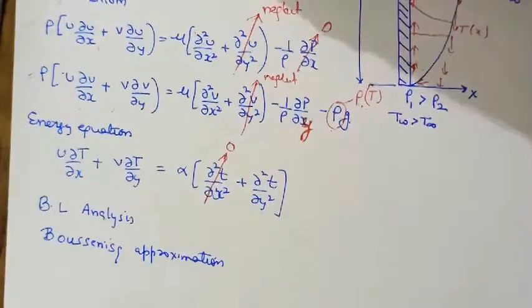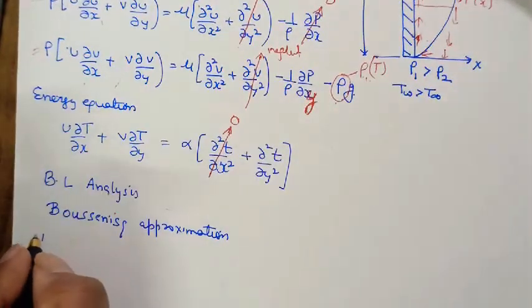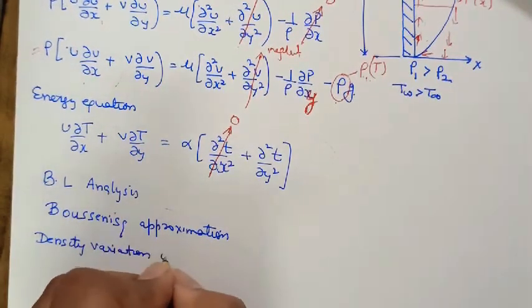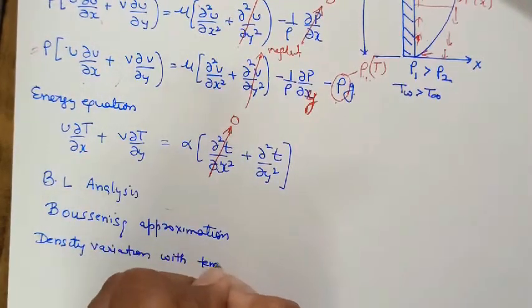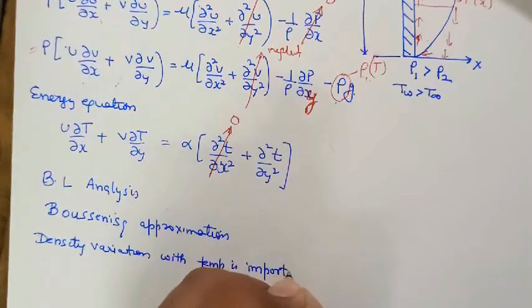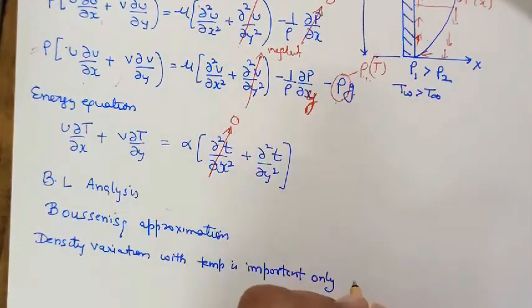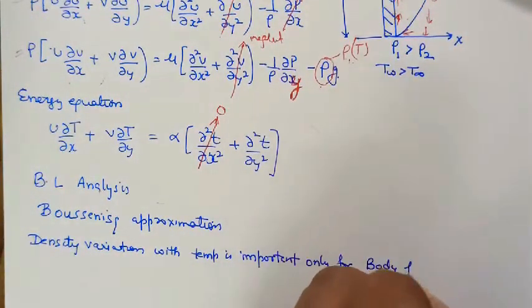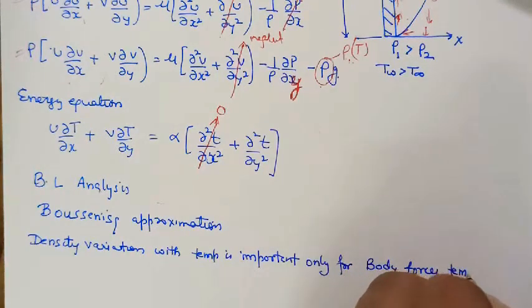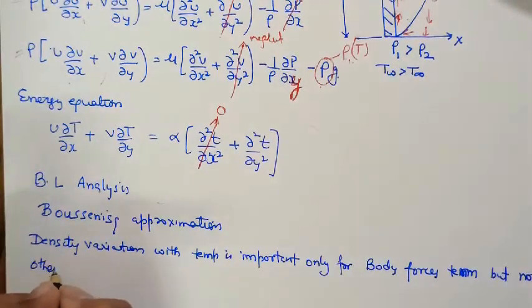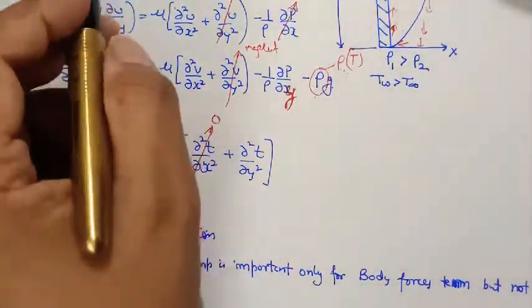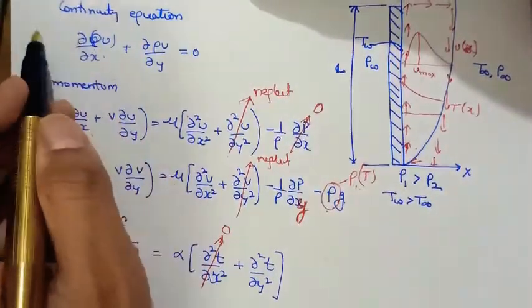It is a scientist who has given the approximation which says that this density variation with the temperature is important only for body force terms, but not for other terms, which means that we can write this continuity equation taking rho out as a constant.